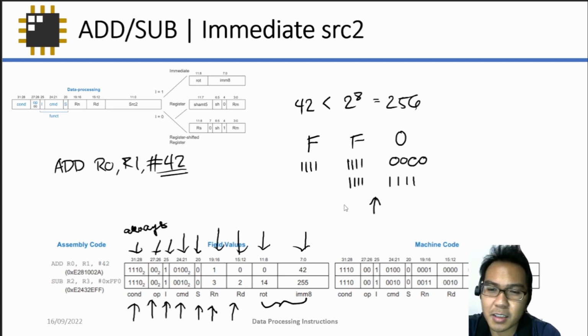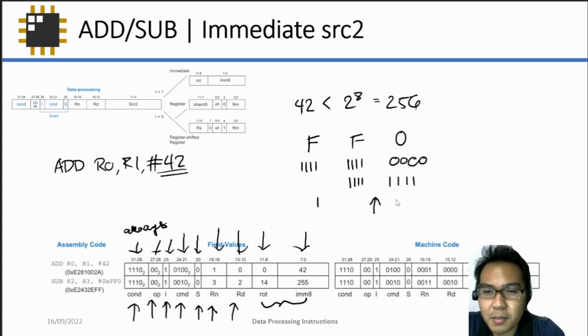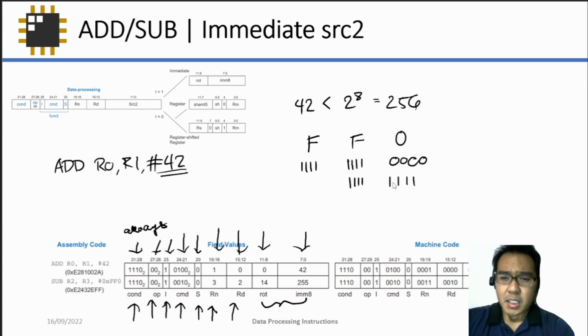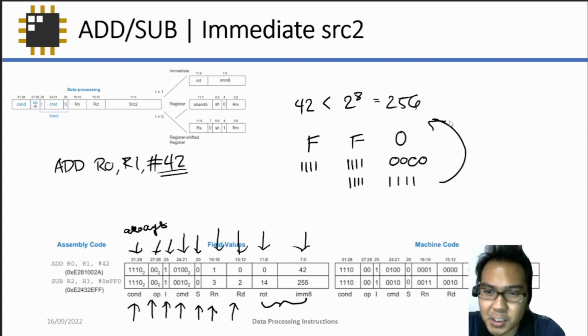Because 256 is 100. If you can, try to derive it yourself. If it sounds kind of wishy-washy and suspicious to you, you can see this is actually the binary number that's 255, which is one less than 256.